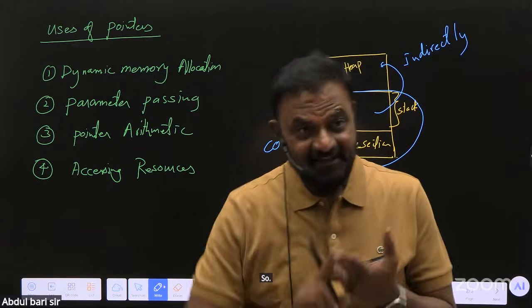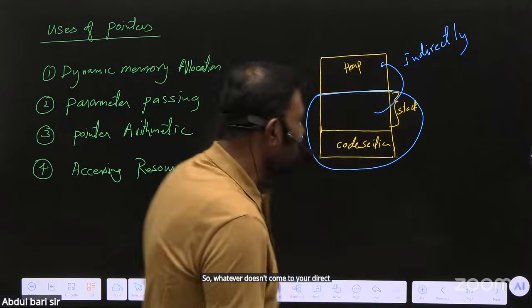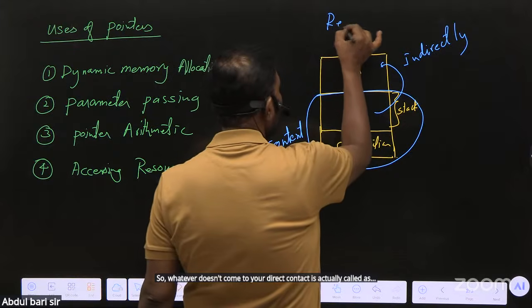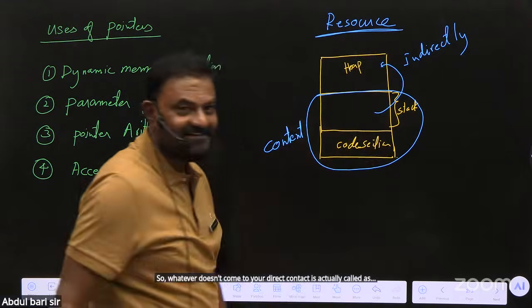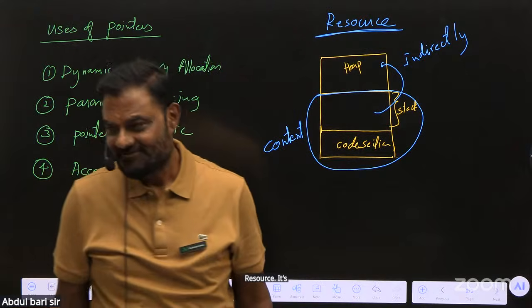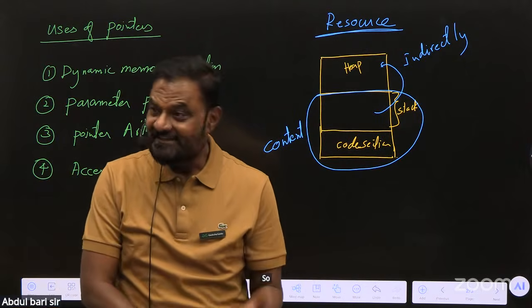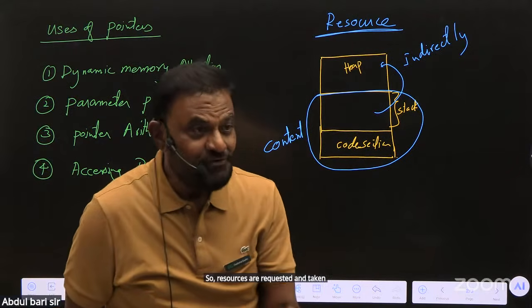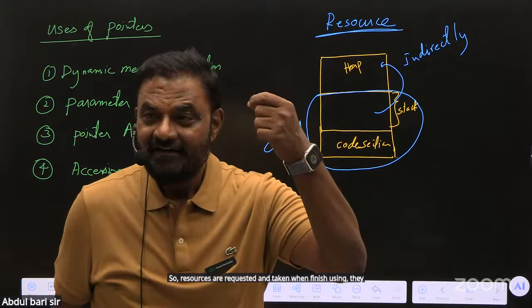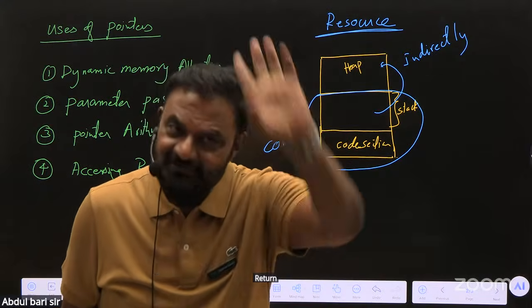So whatever doesn't come into your direct context is actually called a resource. It's called a resource. So resources are requested and taken. When you finish using them, they should be returned. Now keep this in mind always.